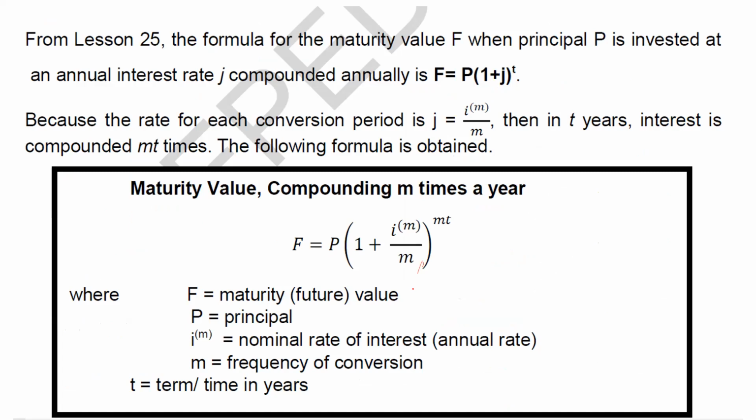Okay. We have here the formula in finding the maturity value for compounding more than once a year. So, F, the maturity value, is equal to the principal times the quantity 1 plus J raised to M times T. I will explain the definition of the letters in this formula.